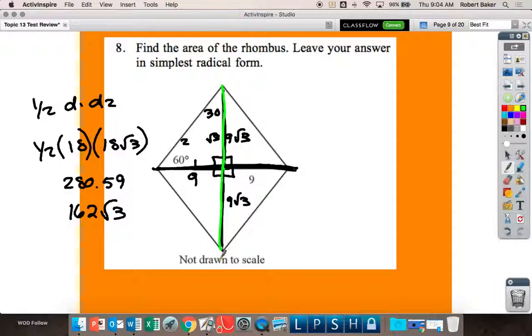So it's just like 18. I did the 18. So we're supposed to do 18 times 18 square root of 3. Yeah, I got 561. Did you do 1/2 of 18 times 18? It's not 2, it's 1/2. No, this is 1/2. Oh, my bad.